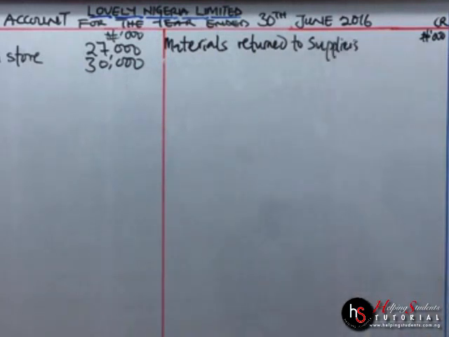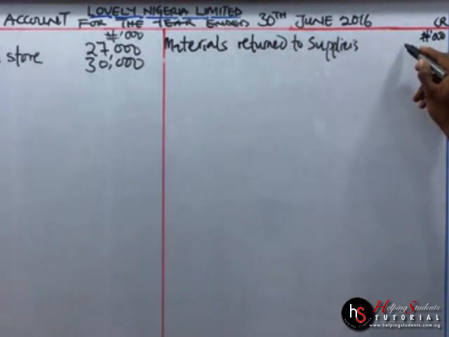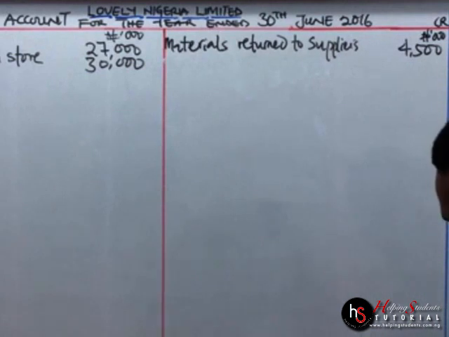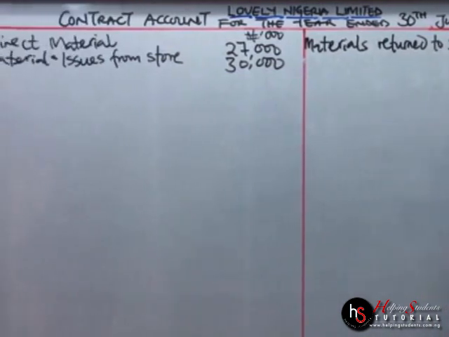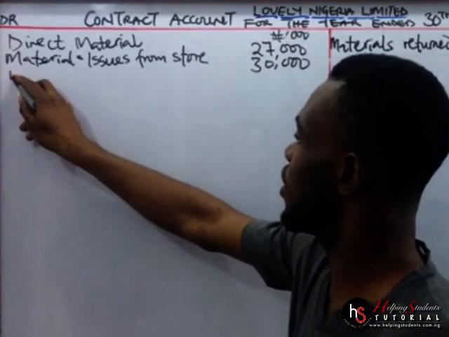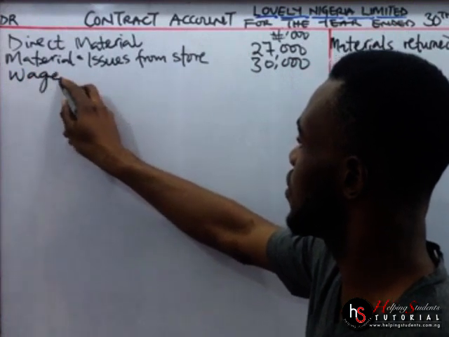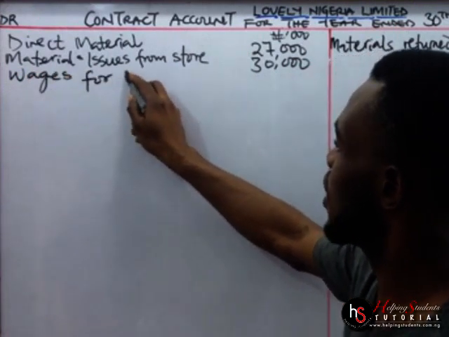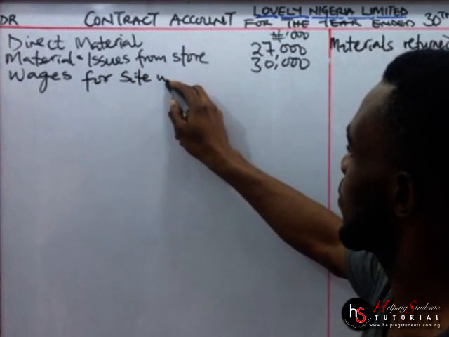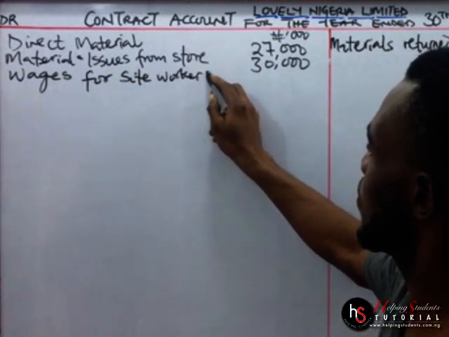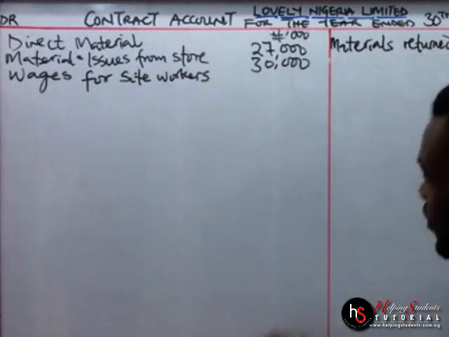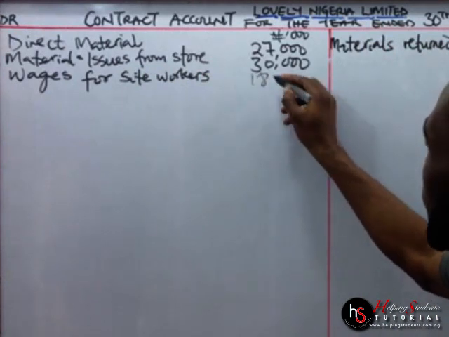And how much is it? We have 4 million, so 4,500. So move over to the next one, wages for site workers. It comes to this area, wages for site workers. And that is 18,000.